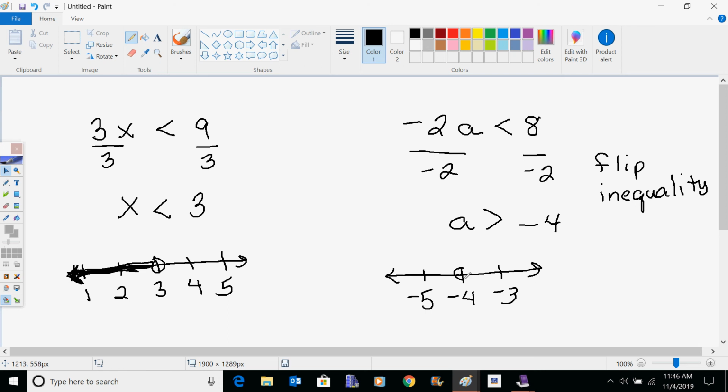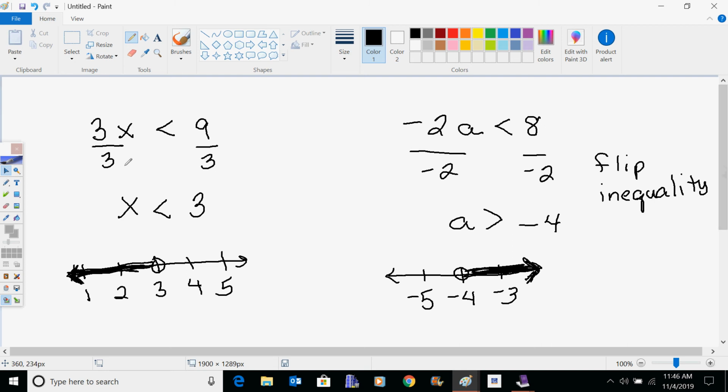And the greater than negative 4 would be this way. The way that the negatives work, whenever you multiply or divide both sides of an inequality by a negative, it turns that inequality over. It makes it backwards. So we need to make sure that you remember that. It works for multiplying, it works for dividing.